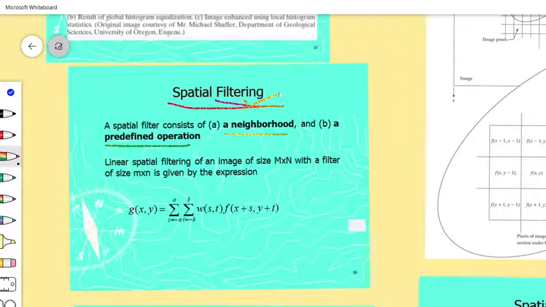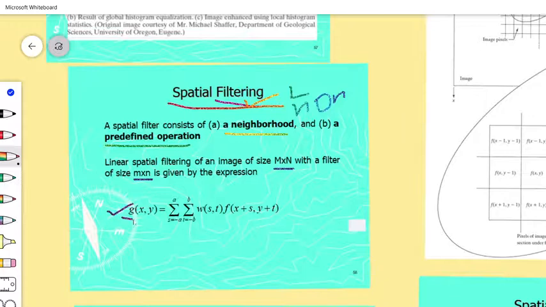These filtering operations are linear operations and non-linear operations. For linear spatial filtering of an image of size M by N, with a filter of size m by n, the sizes are different. The expression for linear spatial filtering is this one.